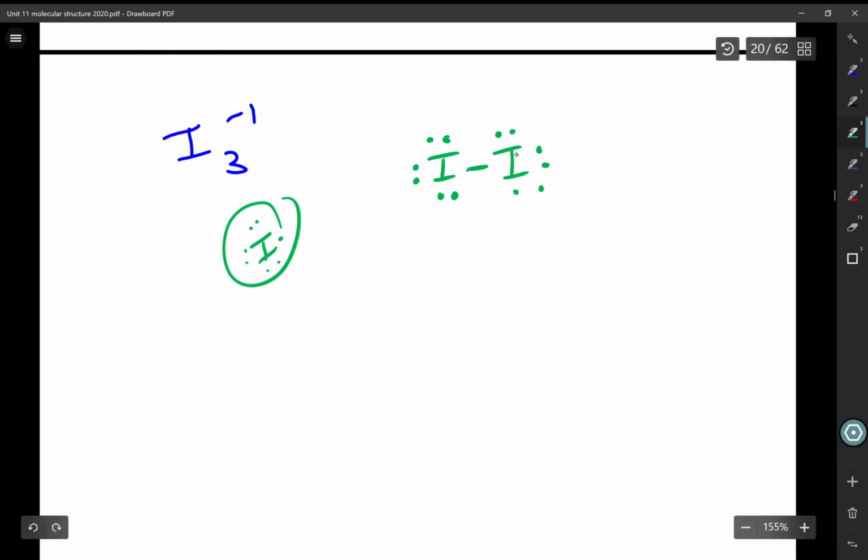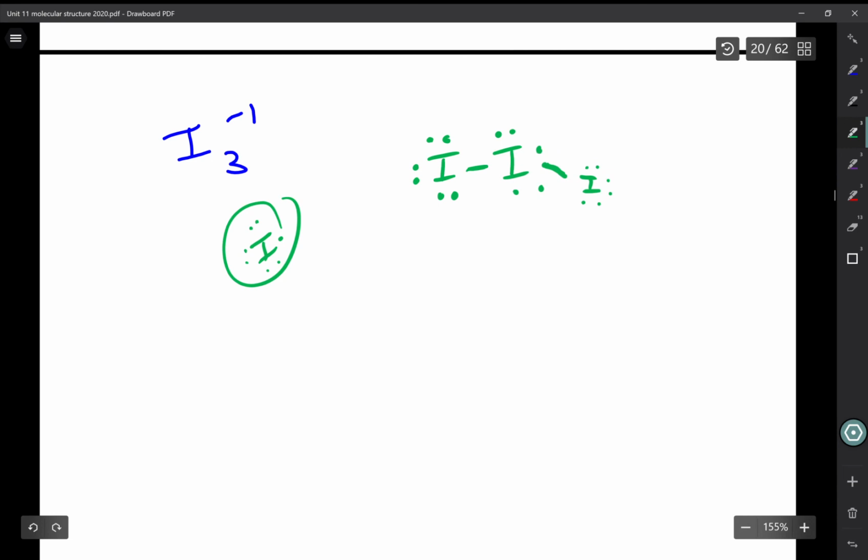With iodine being a big atom, it can split up some bonding sites. For right now, we can pick whichever one we want. I'm going to do this one over here. So this one's going to split up, there and here. That'll take on the other iodine.